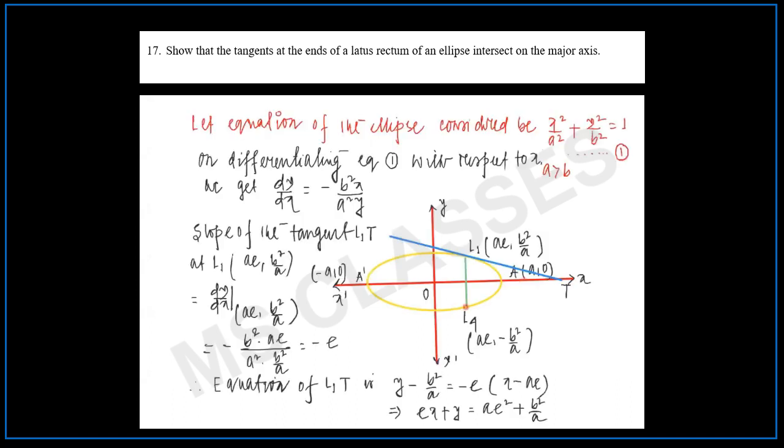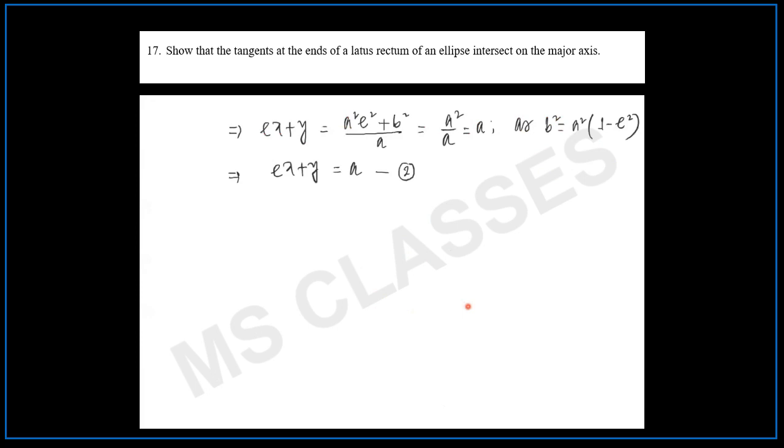Now similarly we can find the tangent at L4. So when we find the tangent at L4, we need the slope of the curve at the point L4, that is equal to the slope of the tangent at the point L4. So slope of the curve at L4 equals slope of tangent at L4.